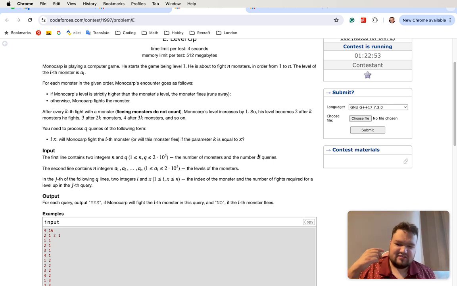Then we can emulate given value of k in O of square root by saying, okay, we start here with level 1, find where we will have level 2, jump there, that jump is at least square root, so there will be at most square root of n jumps.